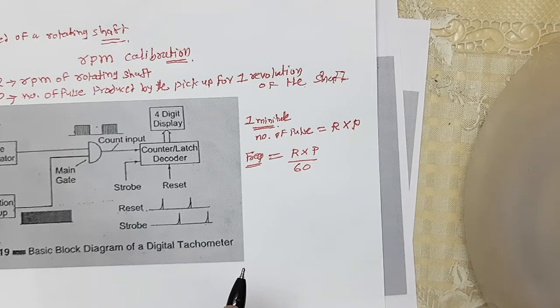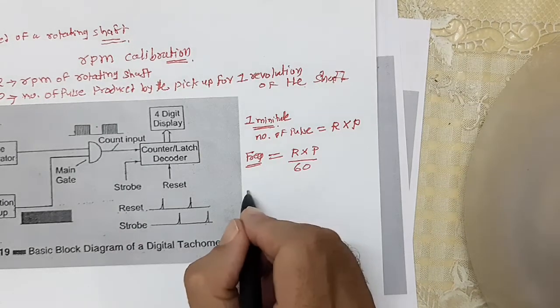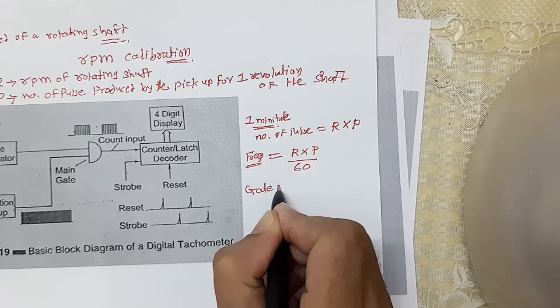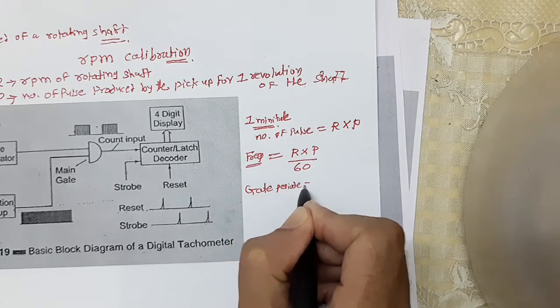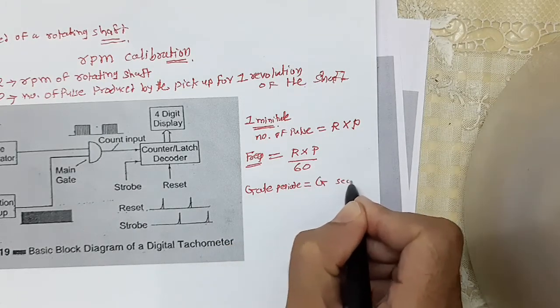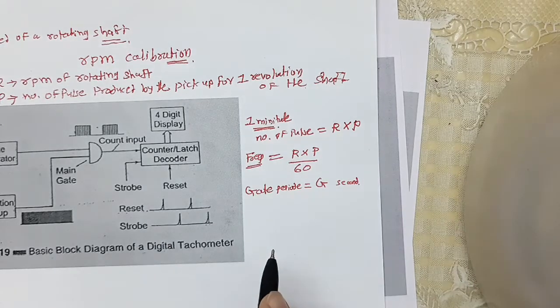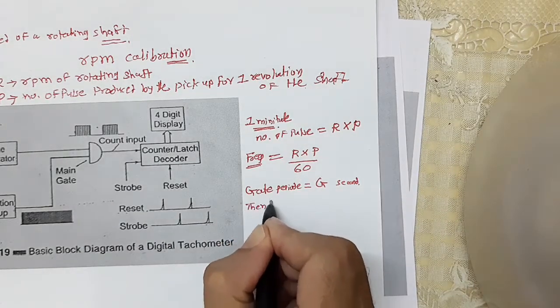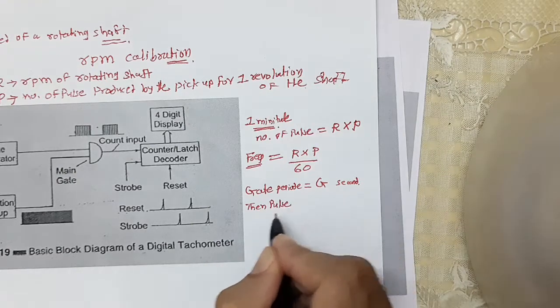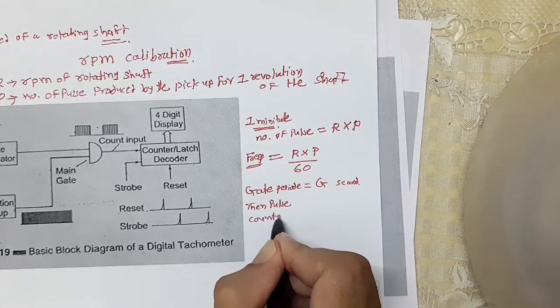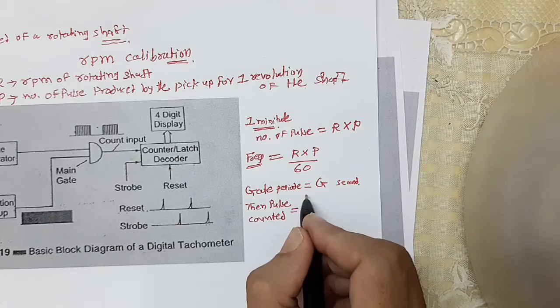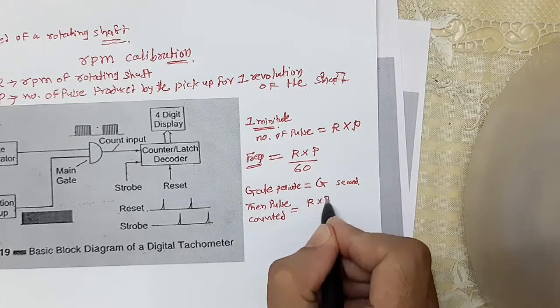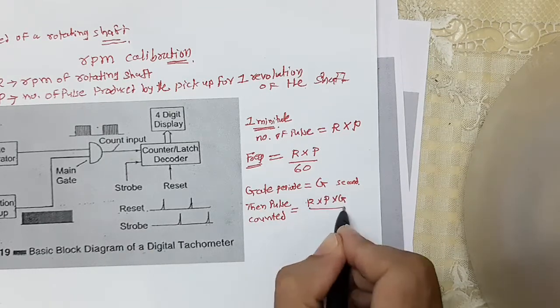Now, if the gate period is G seconds, then the pulses counted are equal to R into P into G upon 60.